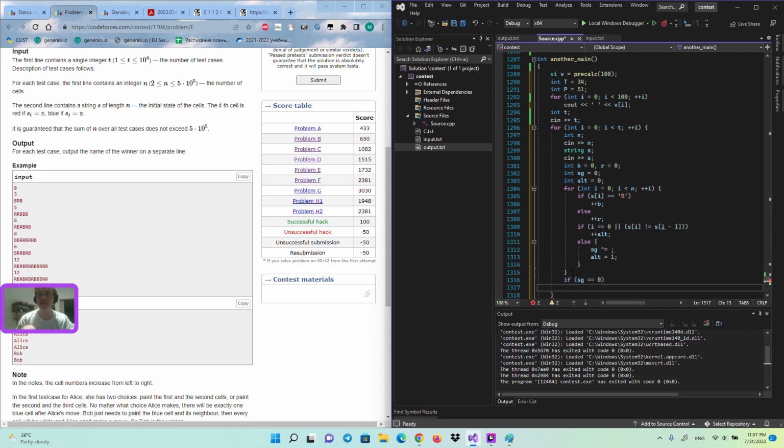So we may assume that there are no neighboring R and B's. In this case, we say that, or simply if R is greater than B, then Alice, else Bob.